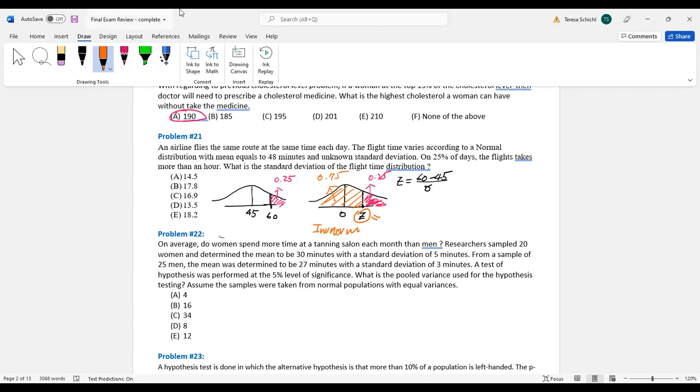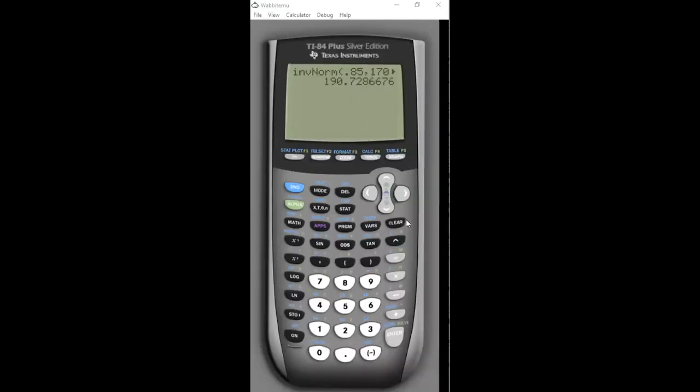So let's go to our calculator. Clear here. I said second, then the inverse normal. What is the area? We said 0.75, correct? Because we transfer that to the z, so mu equals 0, sigma equals 1.